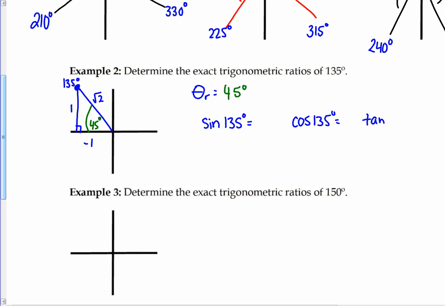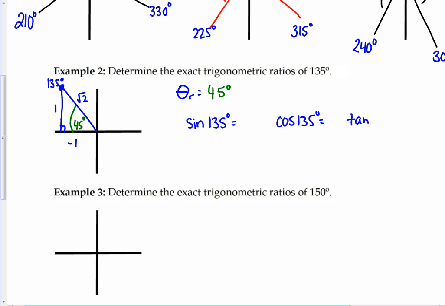Okay, let's start with sine. Sine is y over r, or opposite over hypotenuse, so what would that be? 1 over root 2, good.